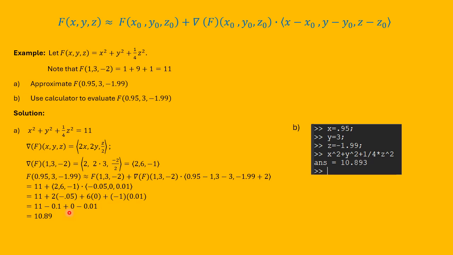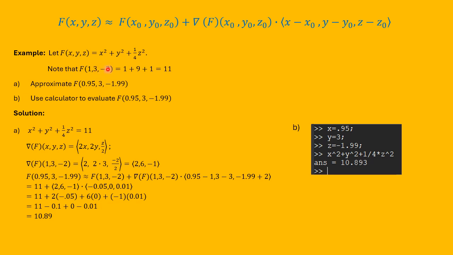plane approximation. So a pretty good result, and that's not too surprising because we didn't move very far away from the point 1, 3, minus 2. We moved the x value from 1 to 0.95. We didn't move the y value at all. It stayed 3.